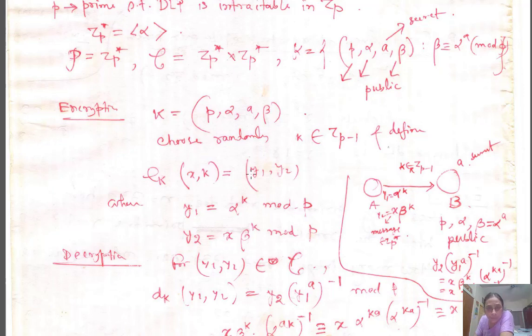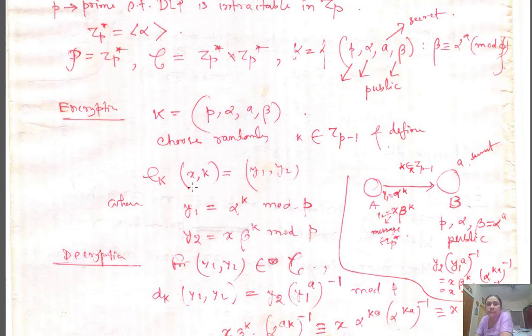So he sends alpha to the power k, this y1, and x times beta to the power k, this y2. This is the ciphertext. So one plaintext, an element of Zp star, corresponds to two Zp star elements, y1 and y2.